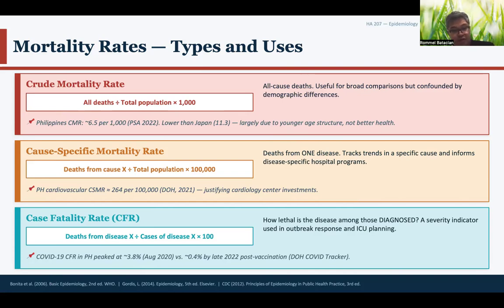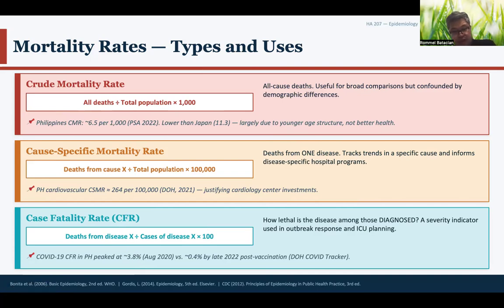So the formula is death from a particular disease divided by the number of individuals with that particular disease times 100. So this is expressed also in percentage. So example, COVID-19 during the pandemic, the peak case fatality rate is 3.8%.